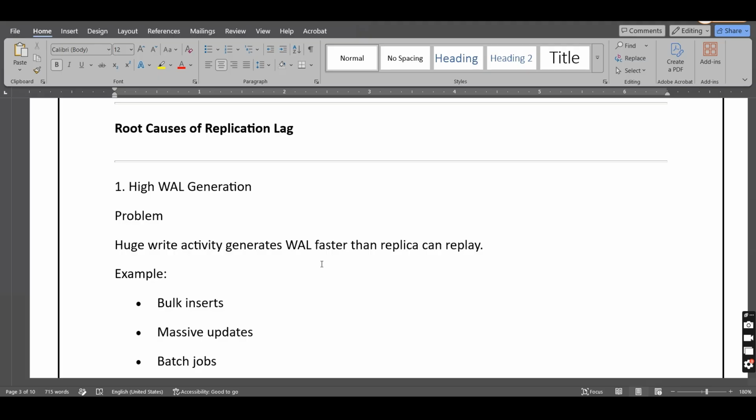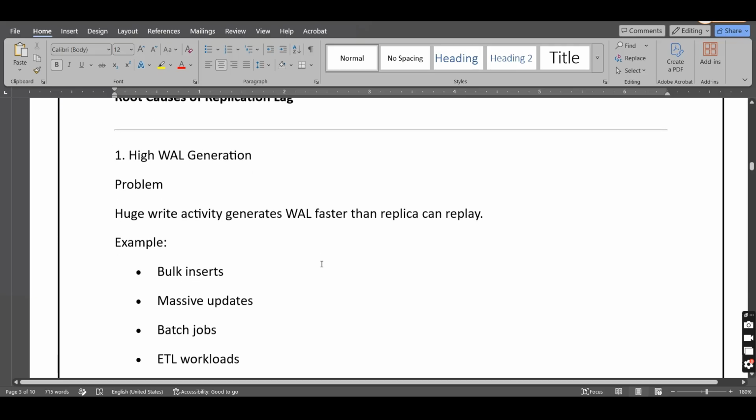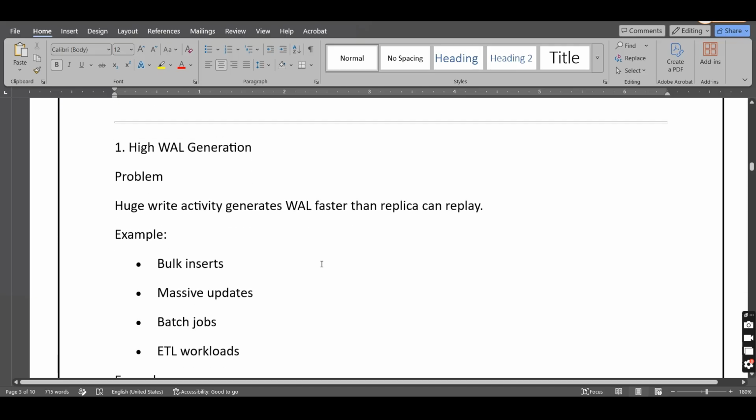Huge write activity generates WAL faster than the replica can replay it. So if you have a huge number of write operations, then it will generate WAL files faster, and the replica cannot process them, so you will see the replication lag.